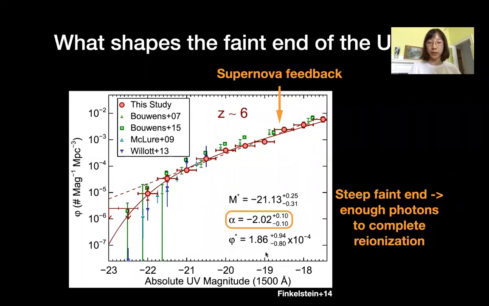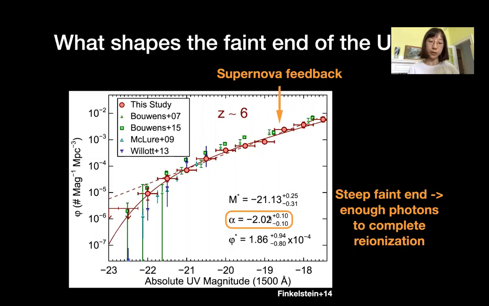What makes the reionization community especially excited is that the measured faint end slope of the UV luminosity function at these high redshifts is as steep as -2, which basically means there are likely enough ionizing photons from these faint galaxies to make the reionization process possible.